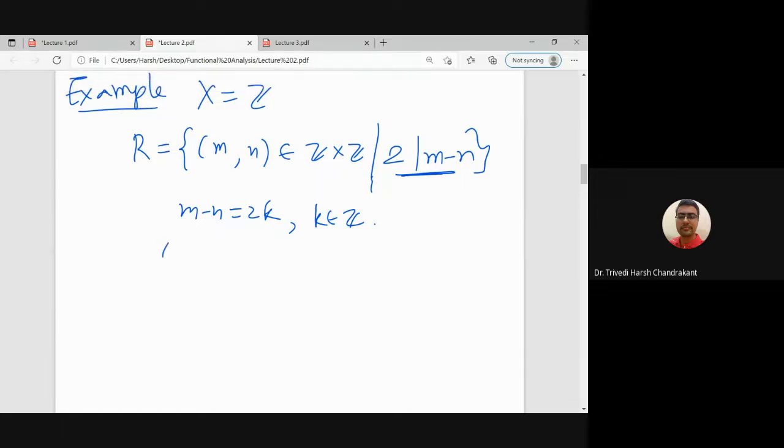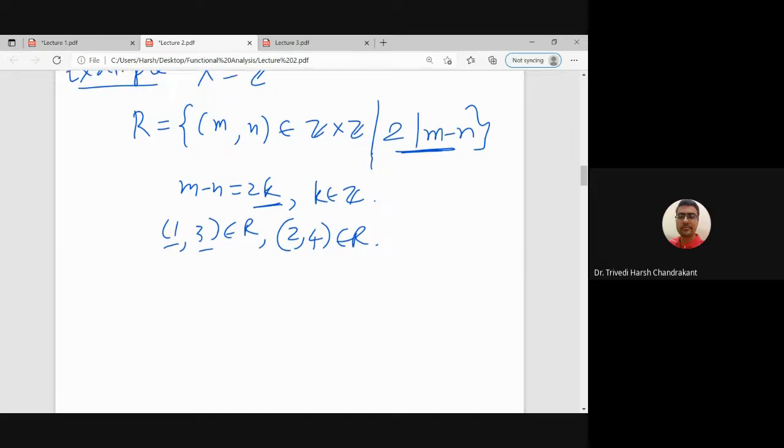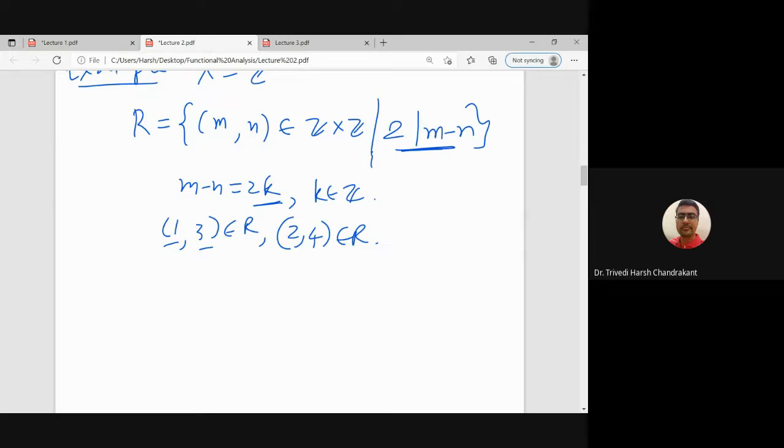So basically (1, 3) is in R, (2, 4) is in R, because the difference is an even number. For (m, n), m minus n is minus 2, so that is an even number. So therefore these pairs belong to R.